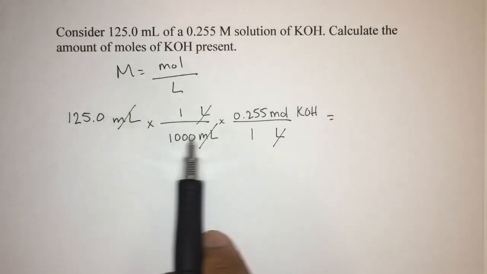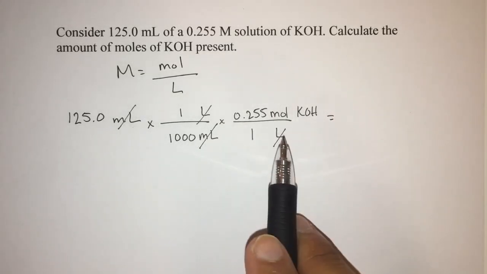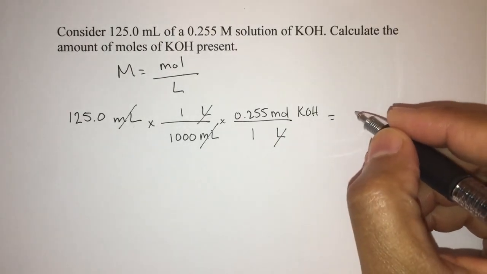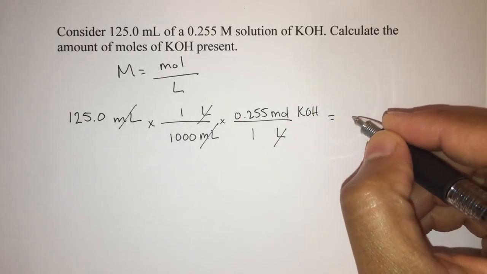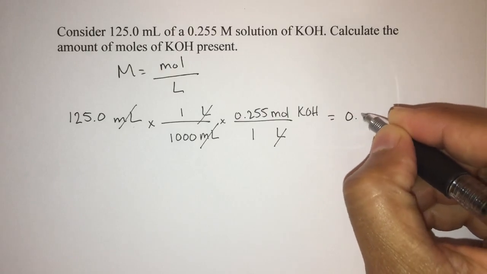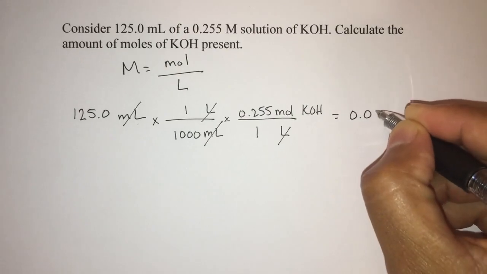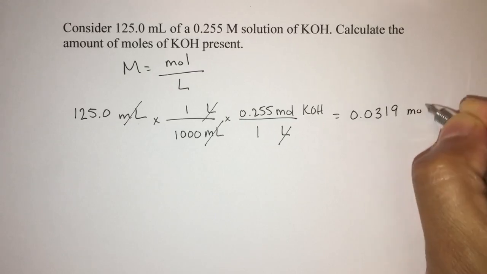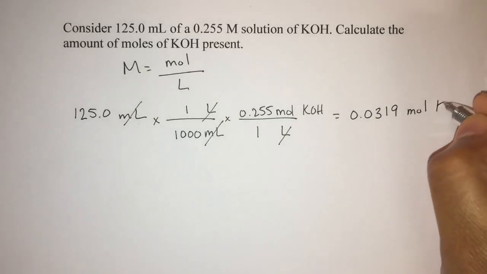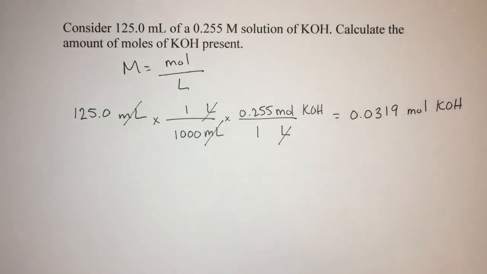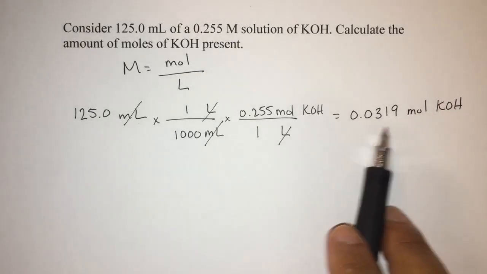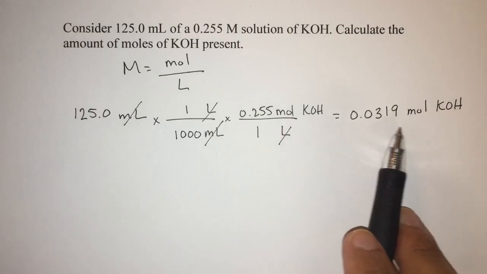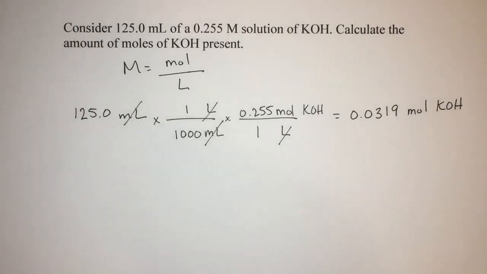We've converted the volume to the number of moles, and our answer here to 4 significant figures. I'll go ahead and answer to 3 significant figures, 0.0319 mole of KOH.